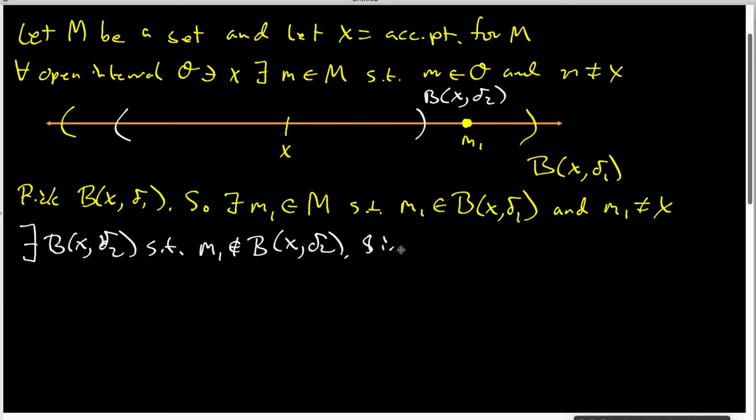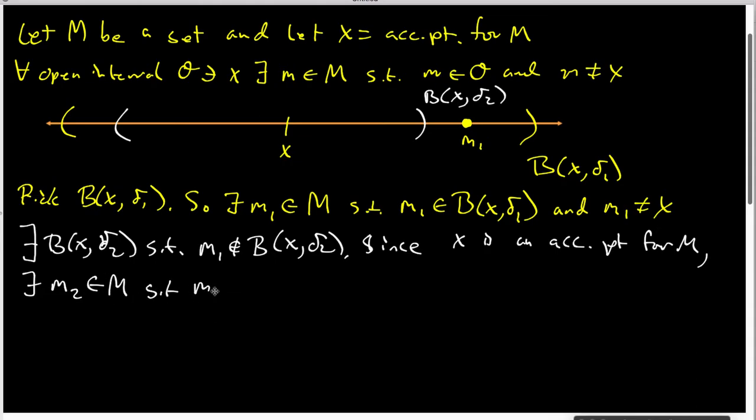And since X is an accumulation point for set M, there exists an M2 inside M such that M2 is inside this new delta ball and M2 is not equal to X. So M2 is somewhere in here. Let's put M2 over here.